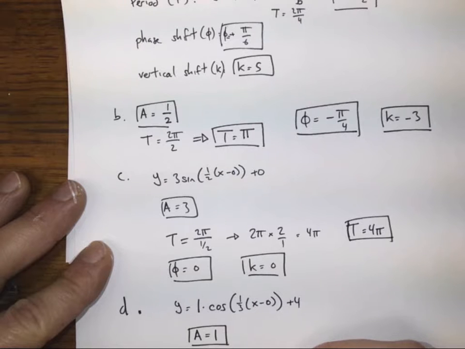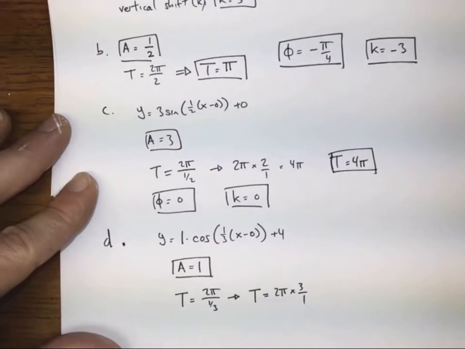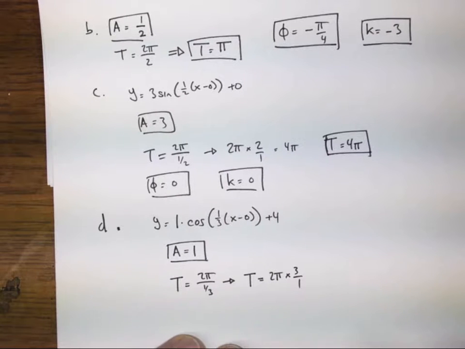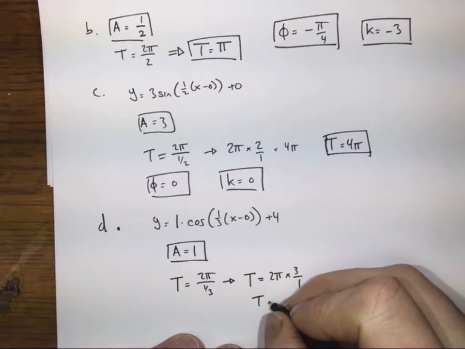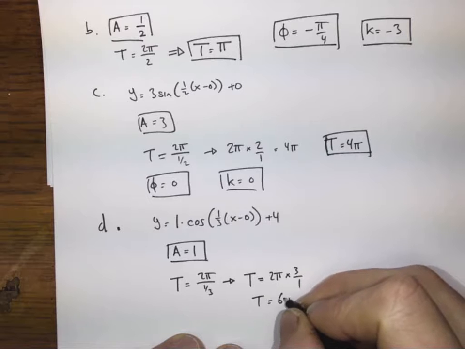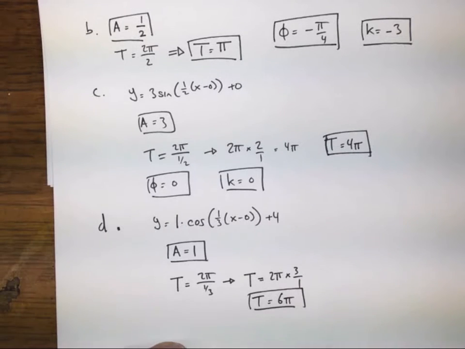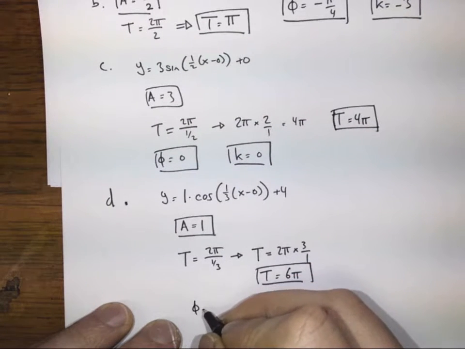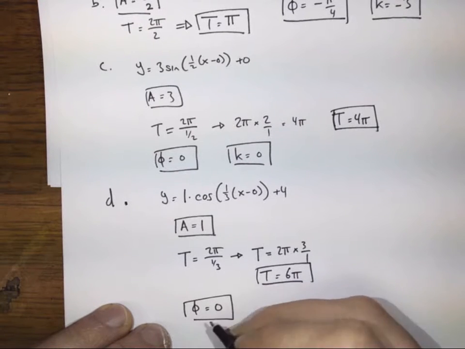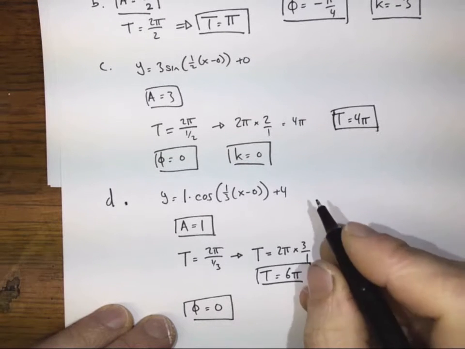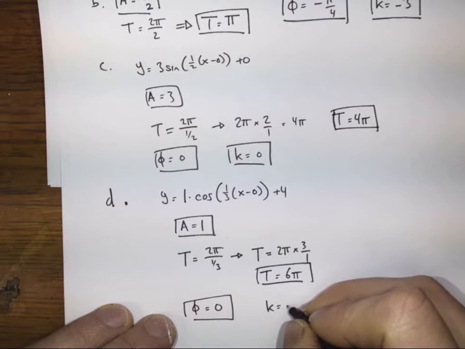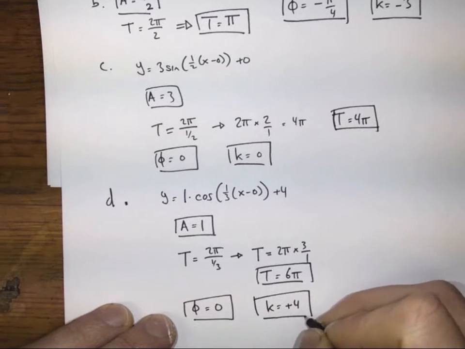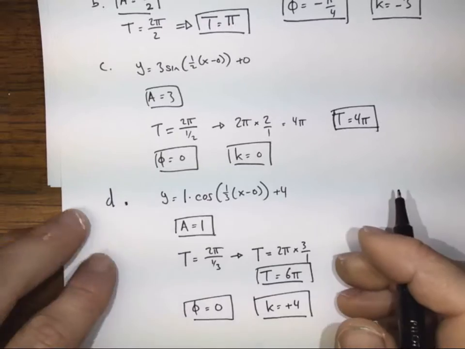And that's the same thing as saying 2 pi times 3 over 1. Oh, am I off screen? I am. And so that means our period is equal to 6 pi. We have a phase shift of 0. We're not moving it left to right, and we do shift it 4 units up. And that is it for question 1.